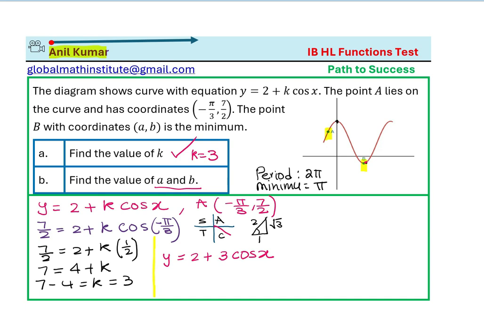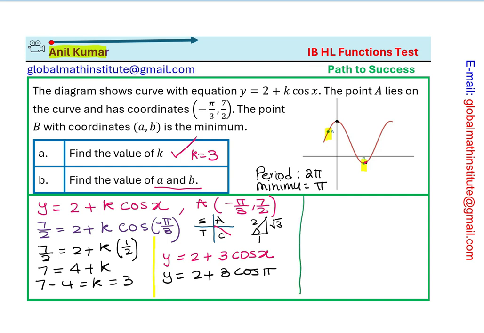So let's do it. So we get y equals 2 plus 3 times cos pi. Makes sense, correct? Because at pi, we get the minimum value, right? So we'll get the minimum value, which is b, from here. We already have seen that the value a, the x value, is equal to pi, correct? So we are solving for b now.